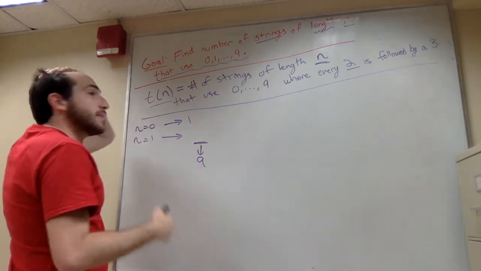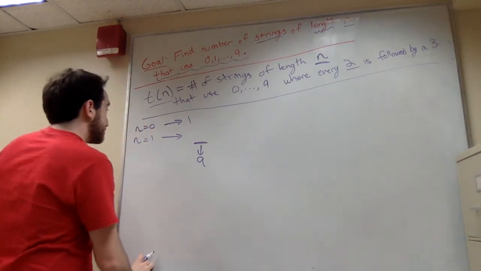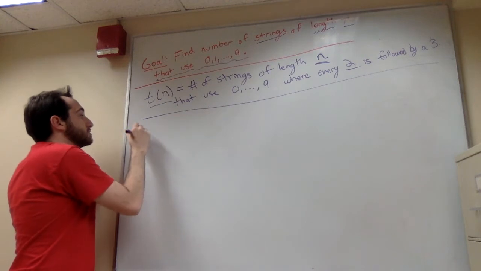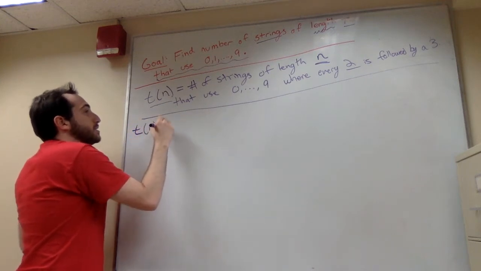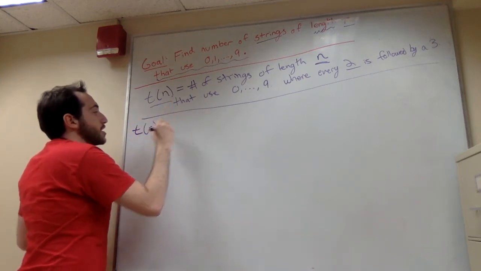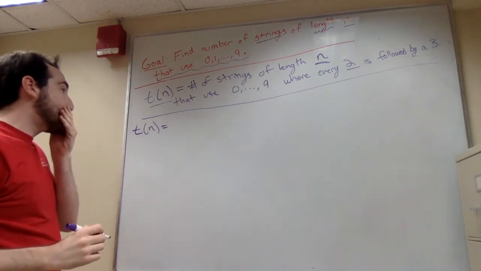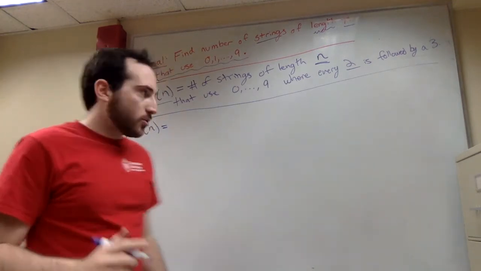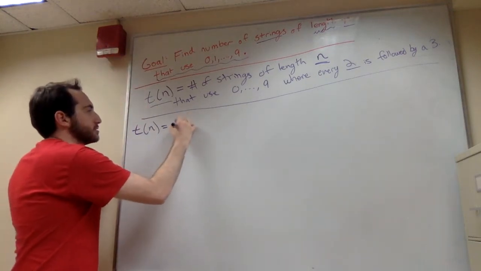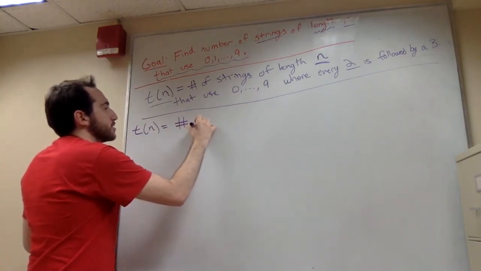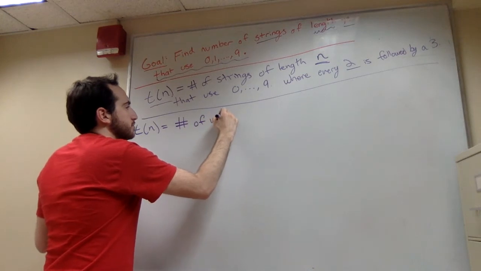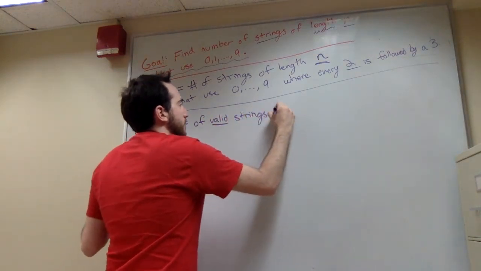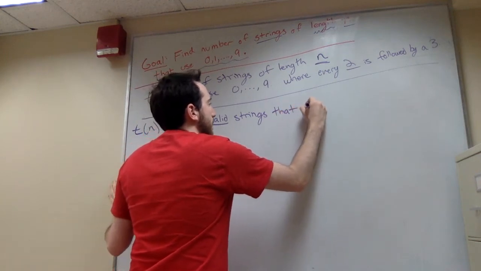And then let's think about the general case. So let's think about t of n in general. So this is where we're going to break things down. So first we're going to count the number of valid strings that start with a 2 and the number that don't.